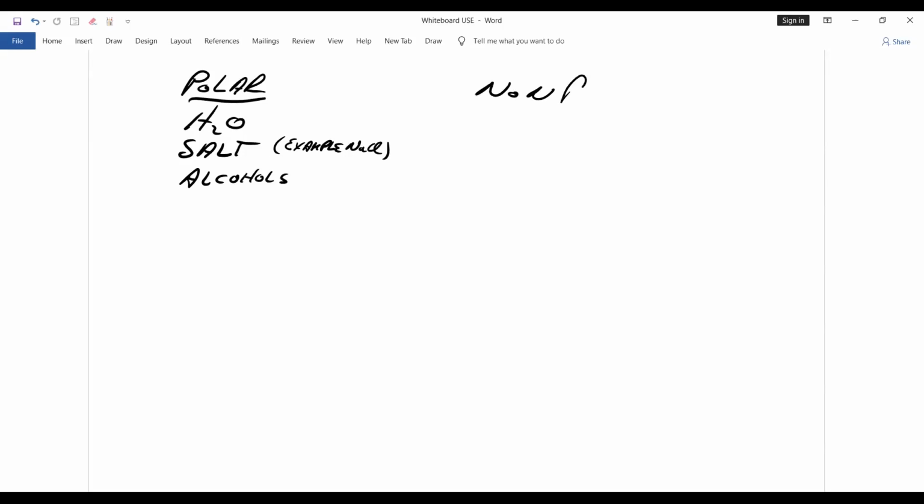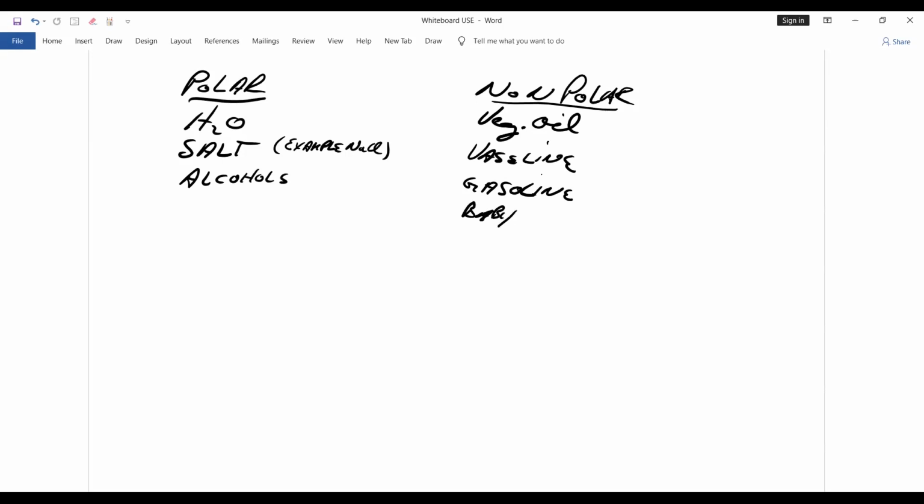Non-polar, and this you're going to have to learn: vegetable oil, Vaseline, gasoline. I'm rhyming. That was an awful joke. Vaseline and baby oil. And finally, dirt and grease. And these are all non-polar.